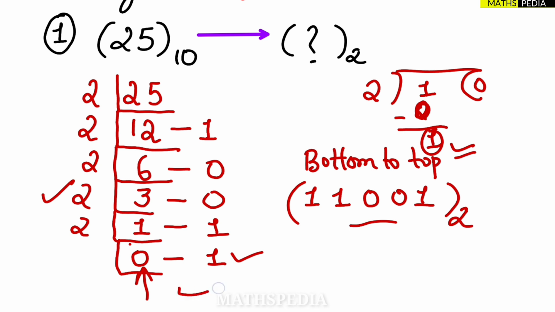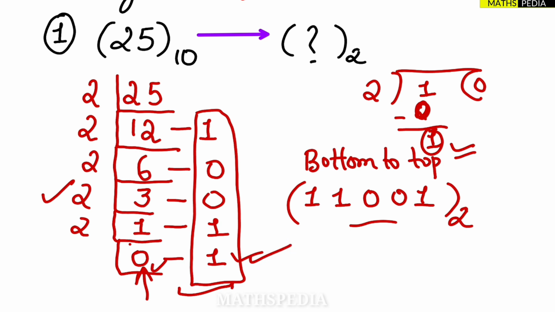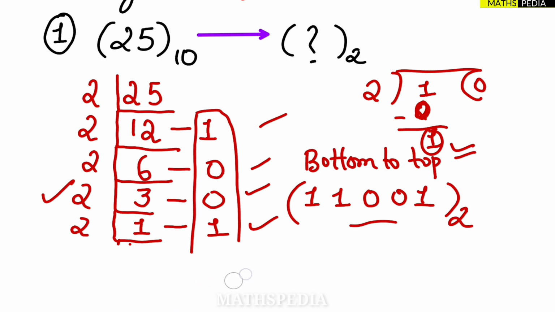So you can do this part, or you can leave it as it is, because if you do this till 0, then directly from here you can write the answer 1 1 0 0 1. Otherwise also it is fine. If you cancel this out, 2 is not getting divided into 1, so directly from 1 you start, 1 1 0 0 1. You will get the same thing.